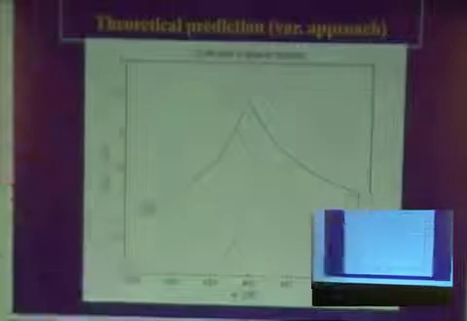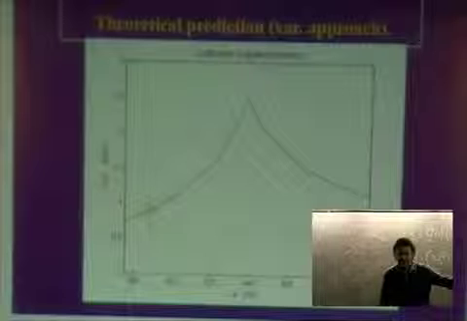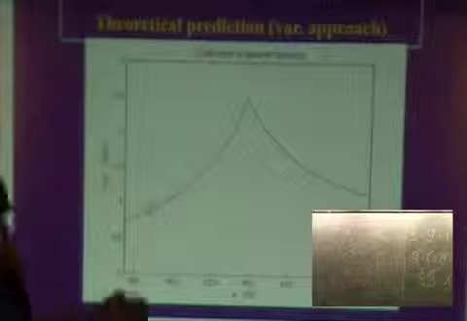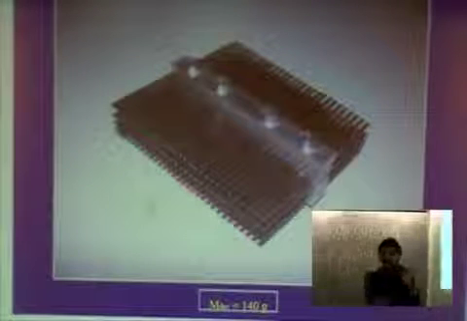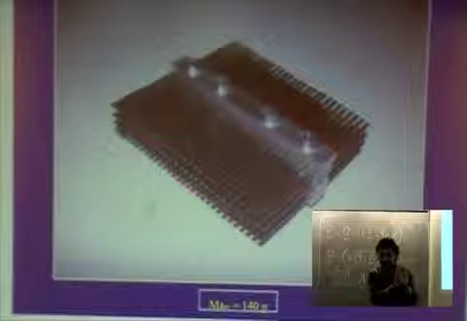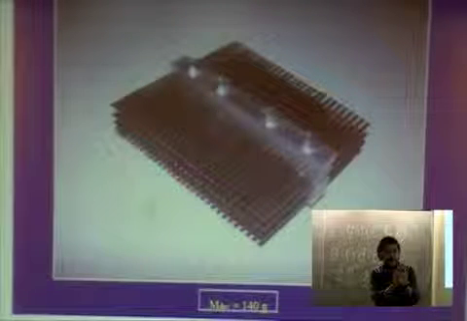Then I would like to show you what comes up by measurements. What we made is just to place this device, attach it to an electrodynamic exciter, and then we used an inverse identification problem.